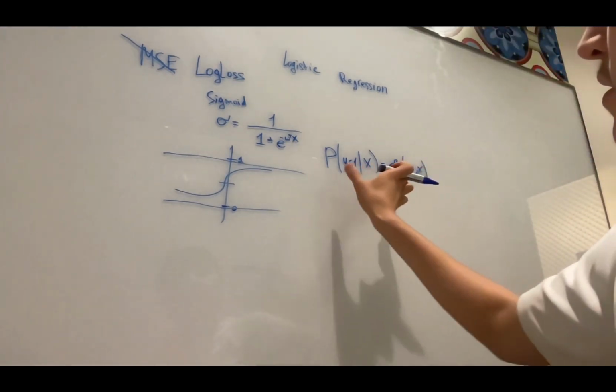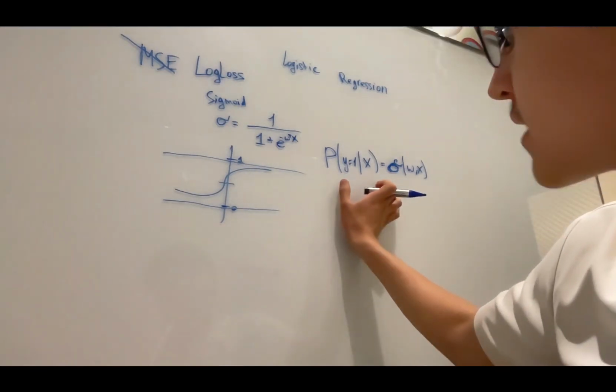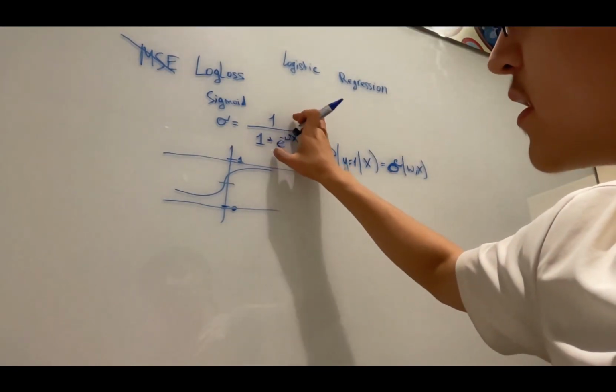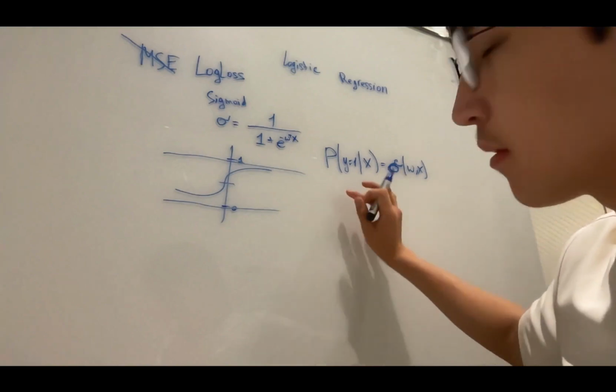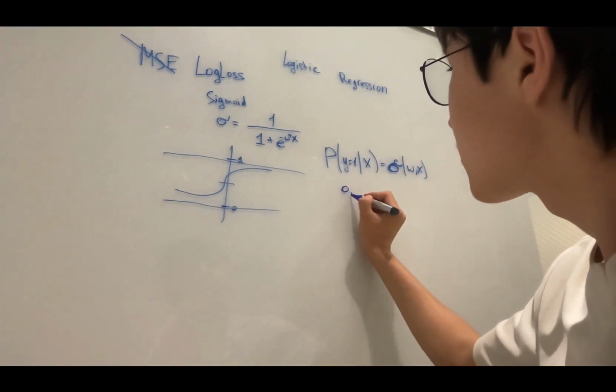The output of this sigmoid is a probability, so it should stay between 0 and 1.